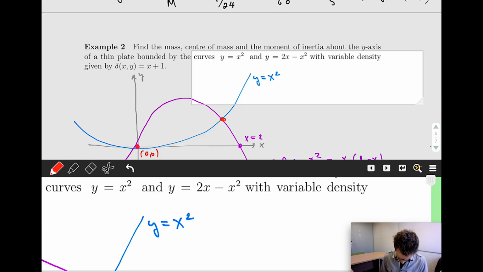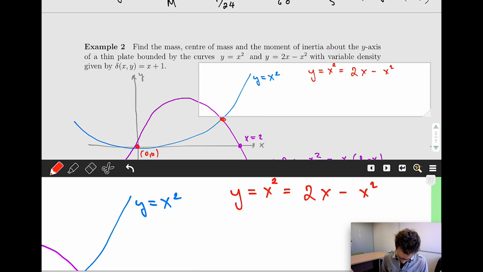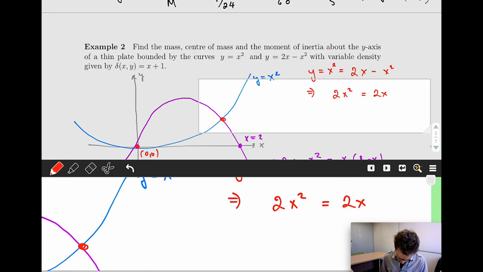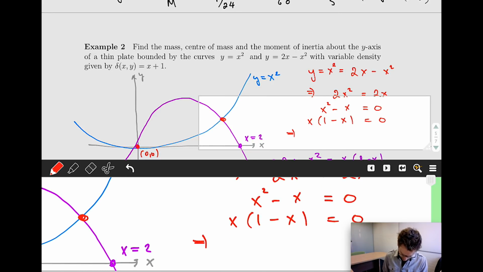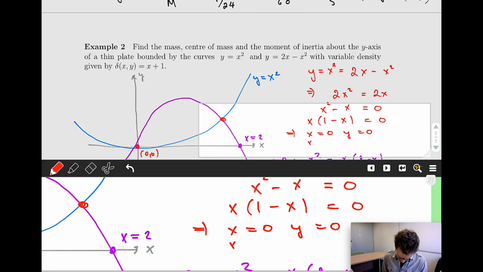So we've got when y is equal to x squared, and it's also equal to 2x minus x squared, we find that 2x squared is equal to 2x, or x squared minus x is equal to 0, which means we have roots at x equals 0 and x equals 1. At x equals 0, y is equal to 0, and at x equals 1, y is equal to 1.